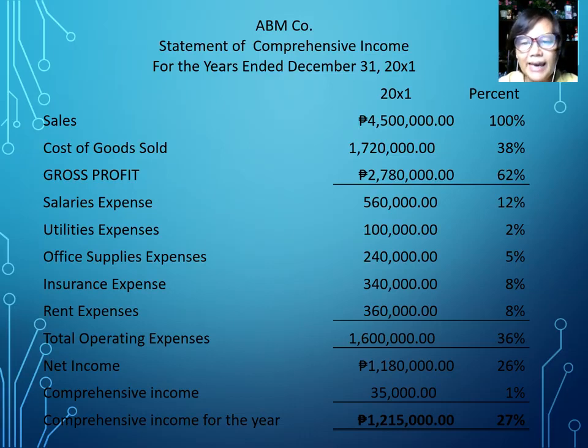The percent is 12%. When it comes to utilities expenses, it is 100,000 over 4,500,000. It is 2%. Then 240,000 divided by 4,500,000 is 5%. And then so forth and so on.